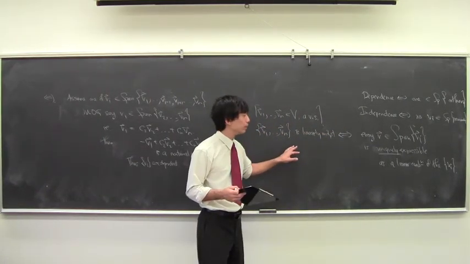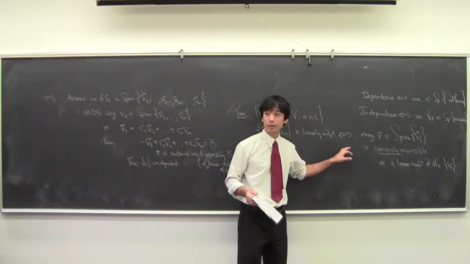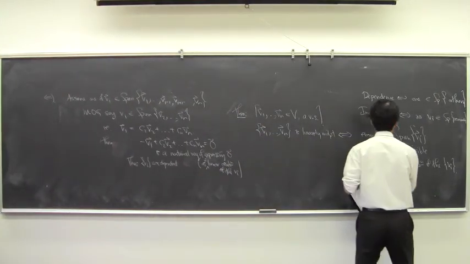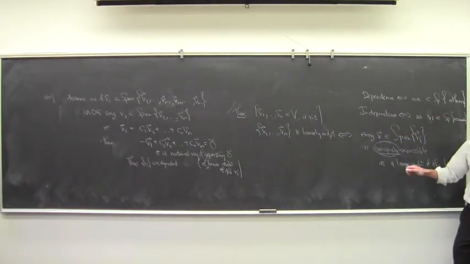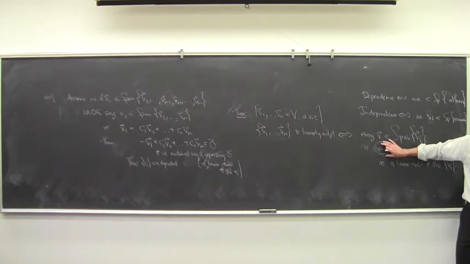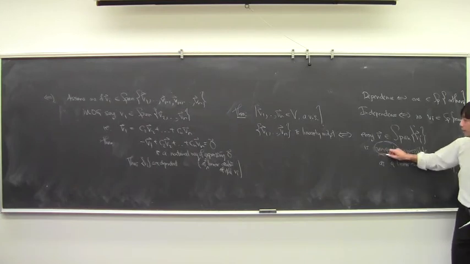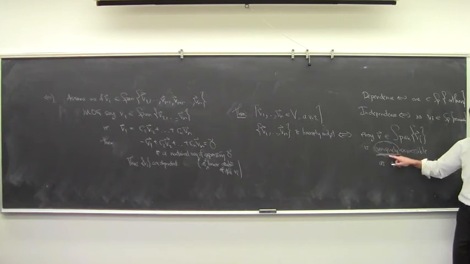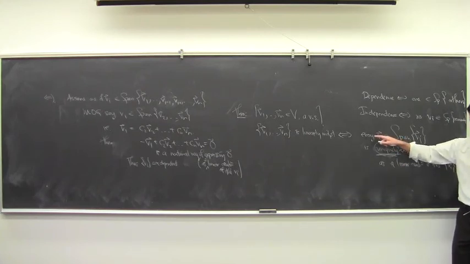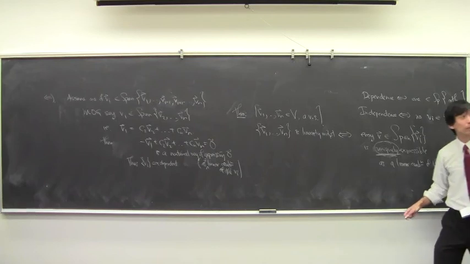That's true for every vector in the span. And so the key part is, of course, this uniquely, right? Because without the uniquely, this is a trivial statement. Of course, if you're in the span, you're expressible as a linear combination of the guys. That's what it means to be in the span. So the key point is this word. For anybody in the span, there's only one way of expressing that guy as the linear combination of these things. Okay, and that's what we'll do next time.